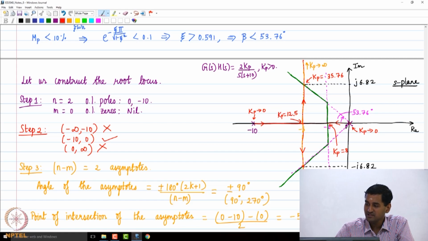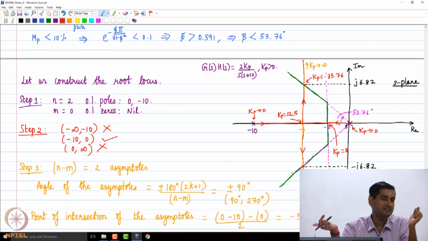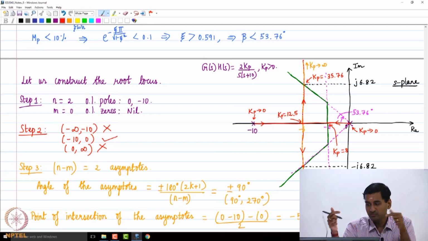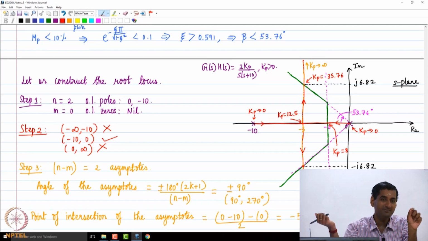Another branch is going to start from 0 and travel to the left. So what do these branches indicate? They are the closed loop poles. Till Kp equals 12.5, both branches are on the real axis. So what can you say about the closed loop poles? They are real. If you have two real distinct poles for a second order system, what is it called? Overdamped. So at 12.5 they intersect, and they become critically damped.